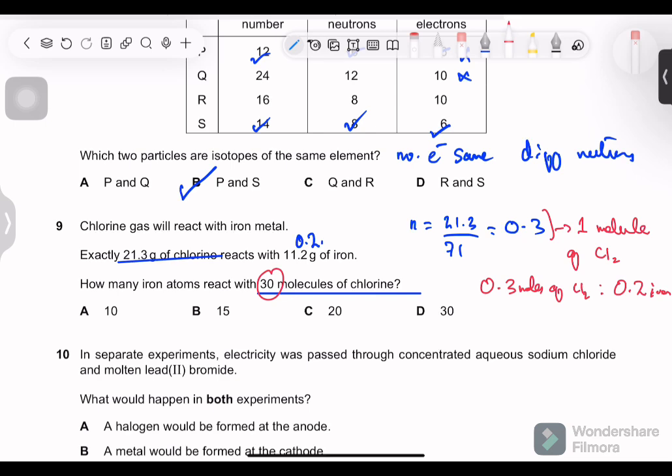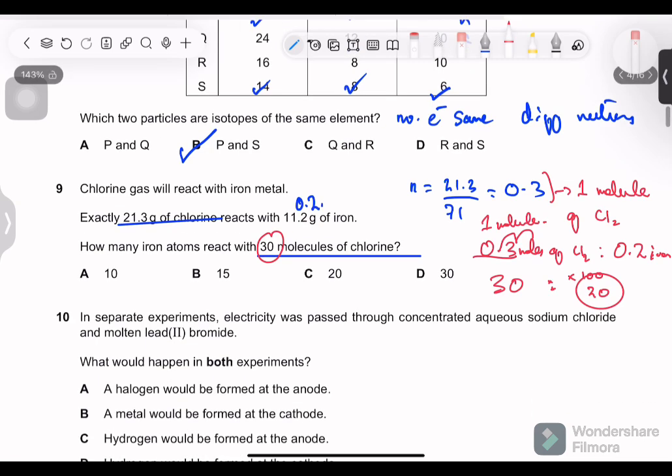And this was in one molecule. So in 30 molecules, we just multiply this by 100, so 30. And in this, we'll do the same. Multiply by 100 in this case also. So 20. There's a longer way to go about with the equations and the Avogadro's formula, but this is a pretty smarter way to do it.